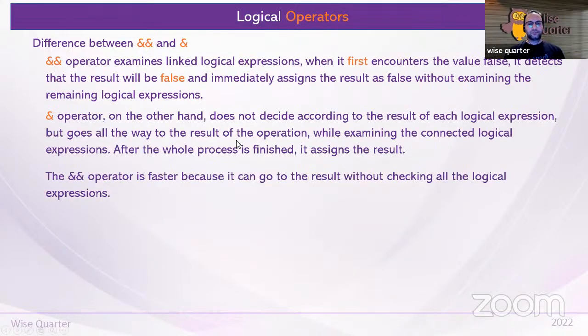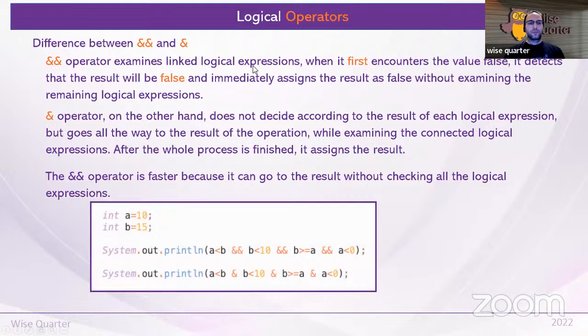How does it work? When we use AND, when it finds one false, it does not check the others, because one false is enough to determine the result, and the result will be false, of course.